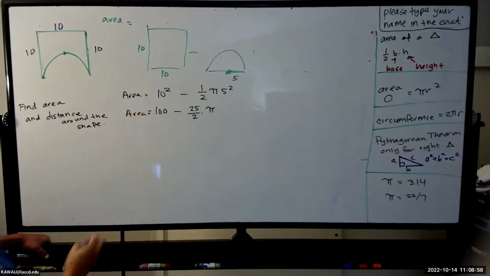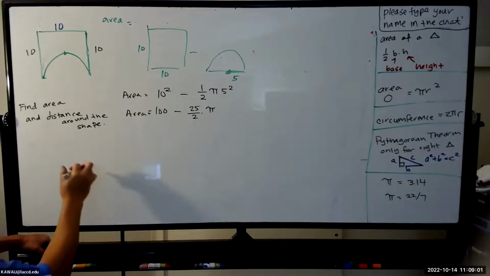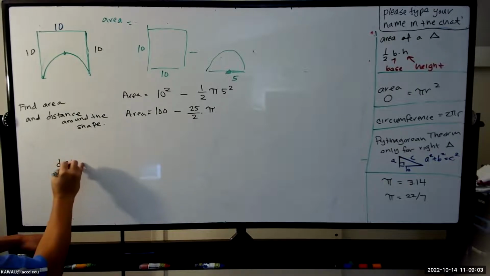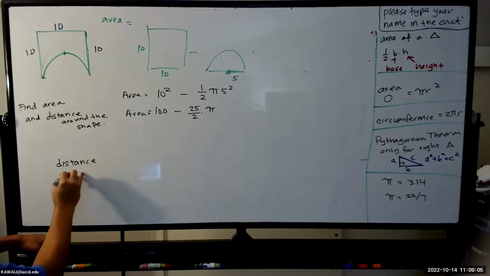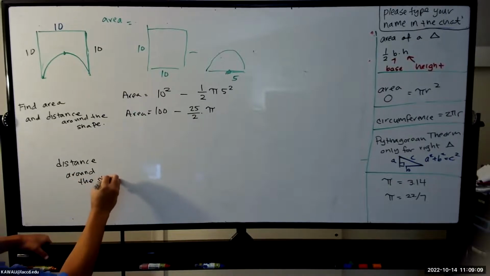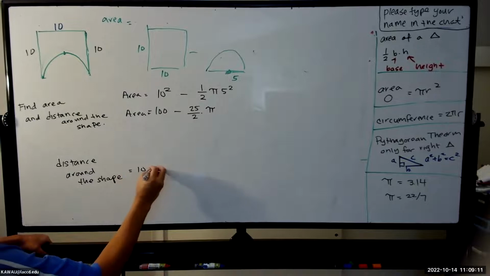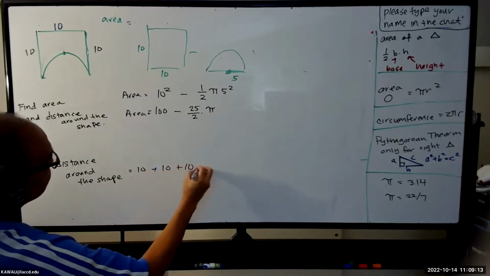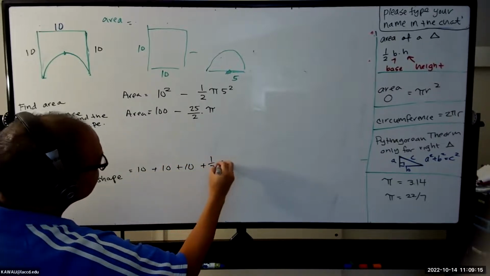Now, the distance around the shape is equal to 10 plus 10 plus 10 plus half the circumference.